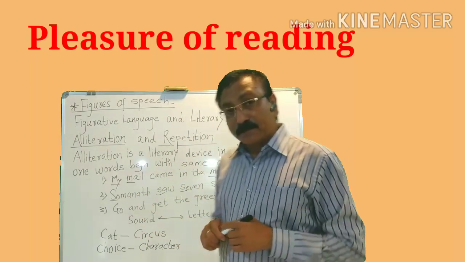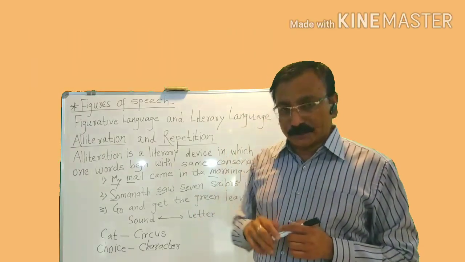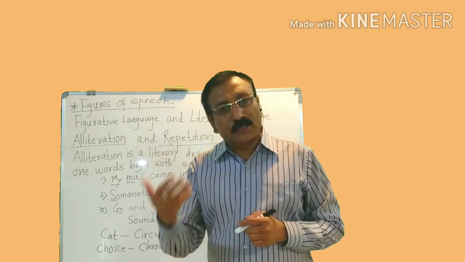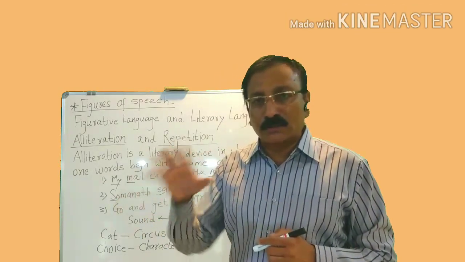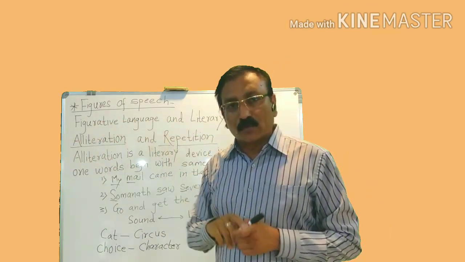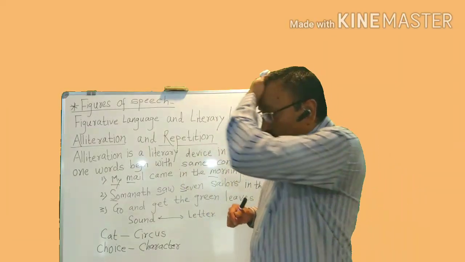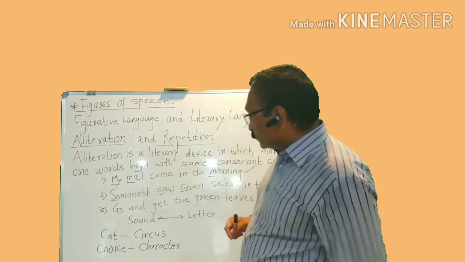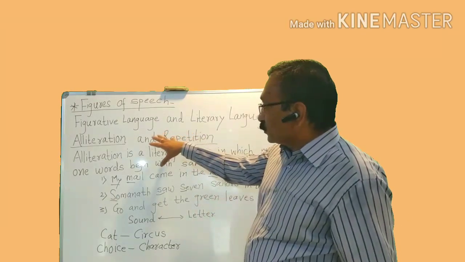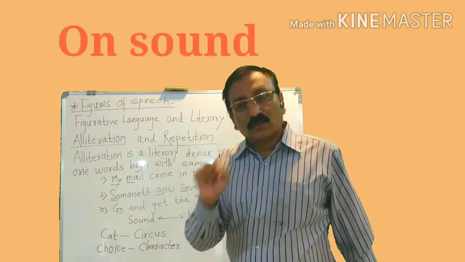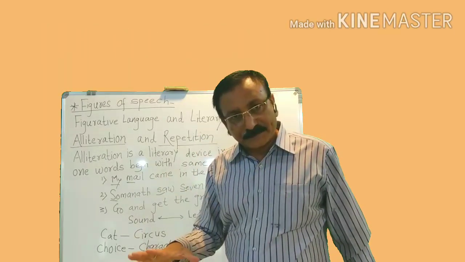But let me tell you one significant thing. When we try to point out whether there is alliteration or not in a particular line of the poem, we must keep one important thing in mind: alliteration is dependent on the sound, not on the letter.